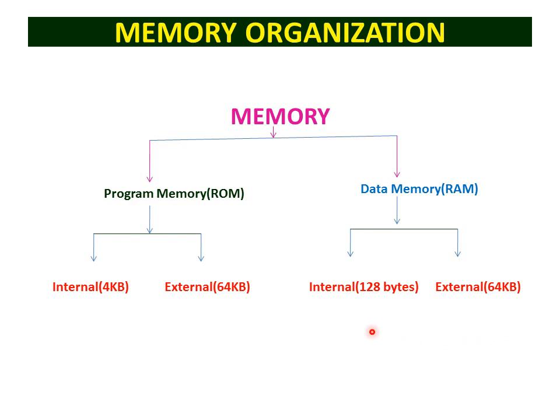But here you require only the internal 128 bytes of RAM and 4 KB of ROM. Using the 16-bit address bus, it can access a maximum of 64 KB externally, here also 64 KB externally.